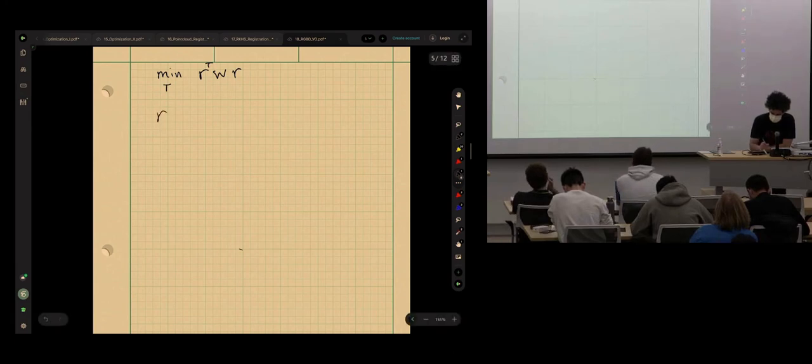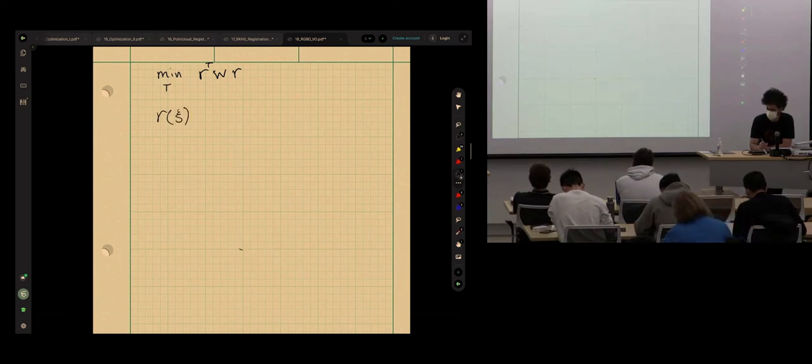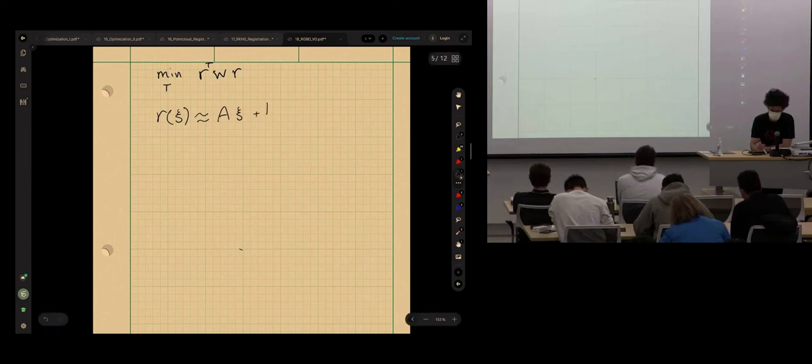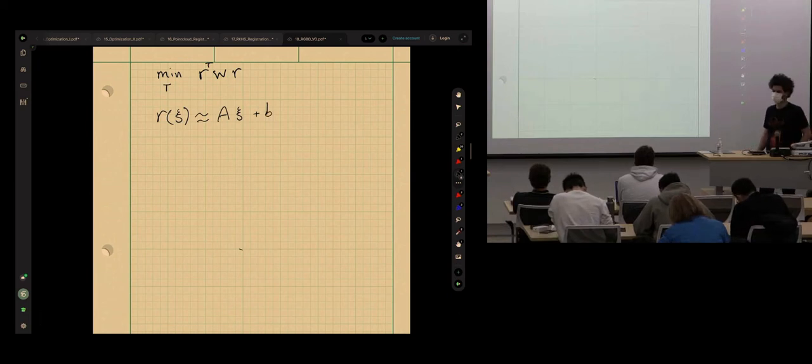Because your residual as a function of twist, right, when you perturb it, it will be linearized based on some Jacobian plus some constant, right?